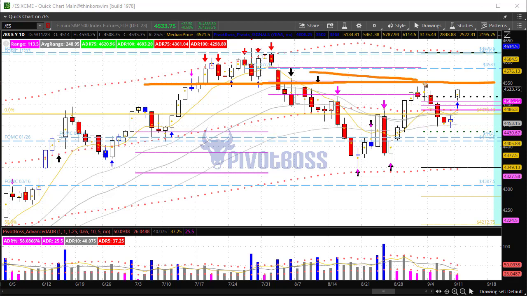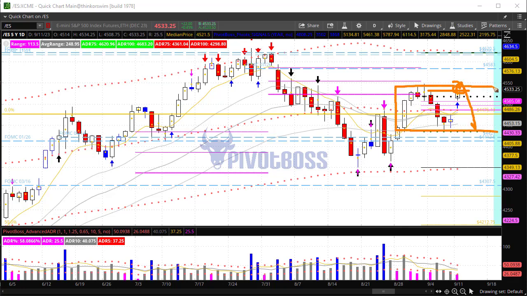We have a bit of a compression here as this has built some energy, and this is going to be an important zone to watch as we are basically testing the previous week's high. We're above it at the moment, and if we come into this zone and find resistance early this week, we could be right back down within the previous week's range.